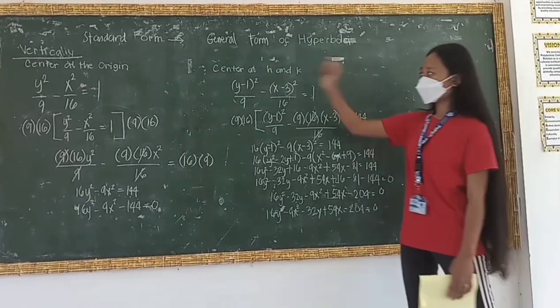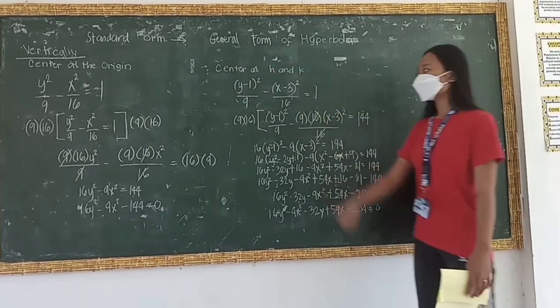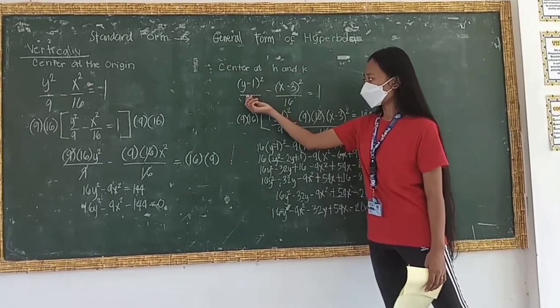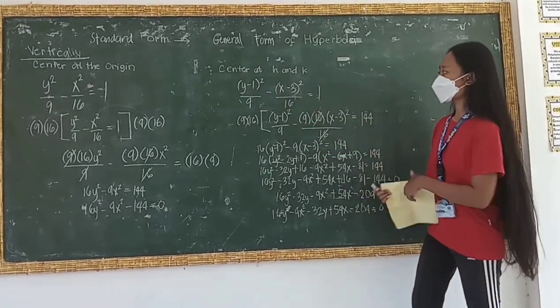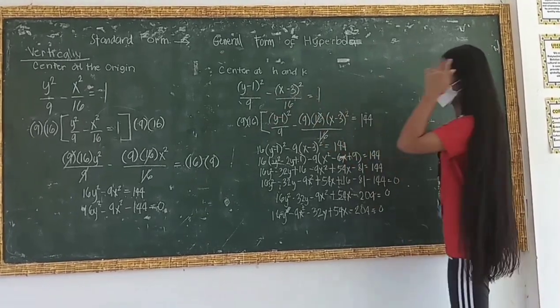It is vertical, with its center at (h, k). So the equation is (y minus 1) squared over 9 minus (x minus 3) squared over 16 is equal to 1.